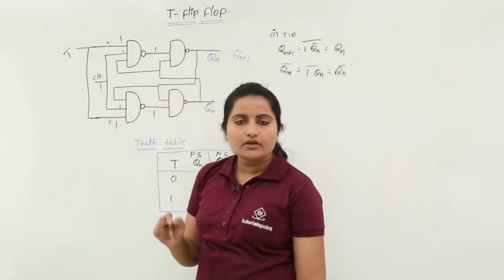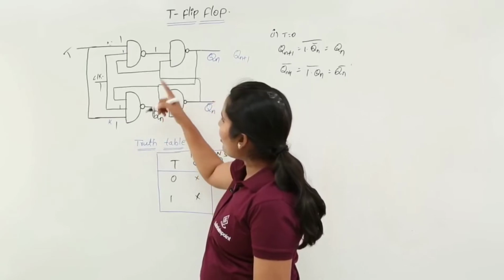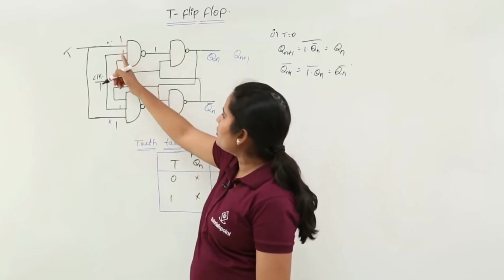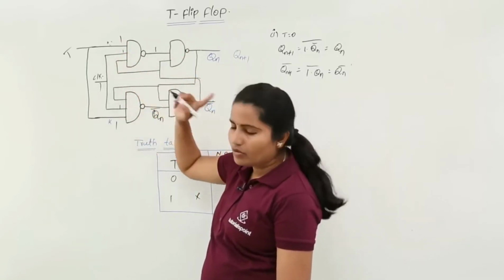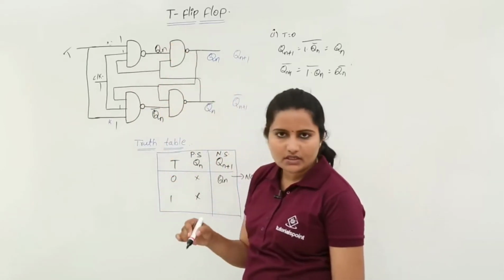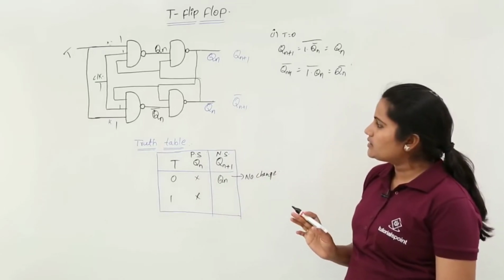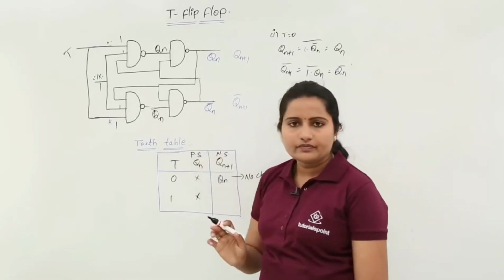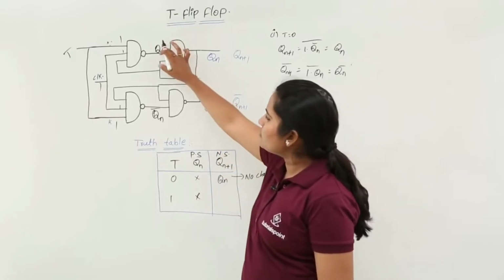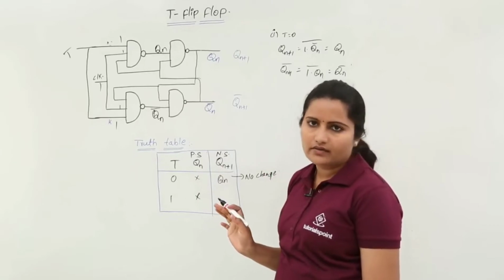So 1 into Qn whole bar means here you are getting Qn bar, and on the top side you are getting 1 into Qn bar whole bar. Here you are getting Qn, you can see. Now I am taking this Qn to the output, that means you can take 0 1 or 1 0.